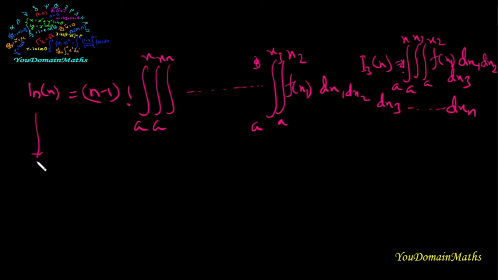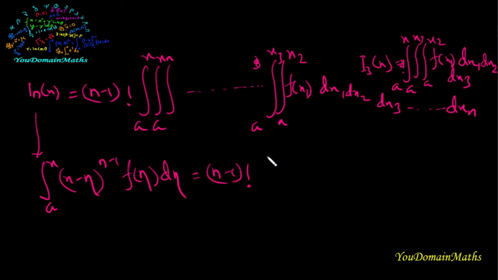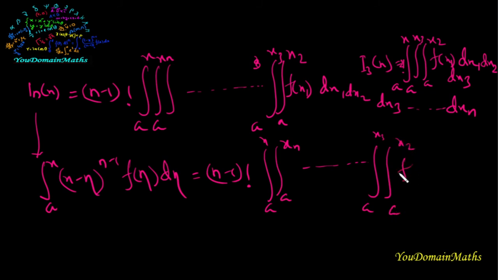We see that this is the single integral, that means the integral from a to x of (x minus eta) to the power n minus 1 times f of eta d eta equals (n minus 1) factorial times the integral with limits a to x_n, a to x3, a to x2, of f of x1 dx1 dx2 dx3 up to dx_n.